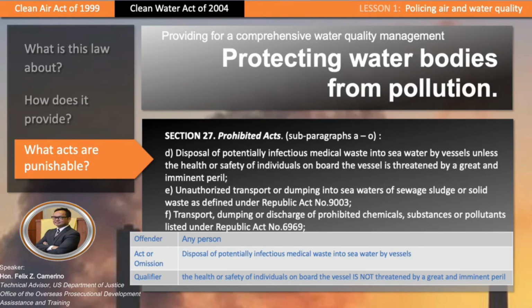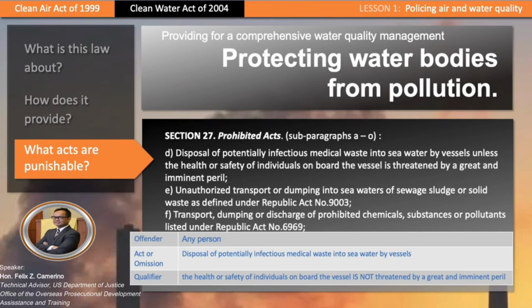Okay, so in other words, if their health or safety of the individuals are threatened, then it would not be unlawful.